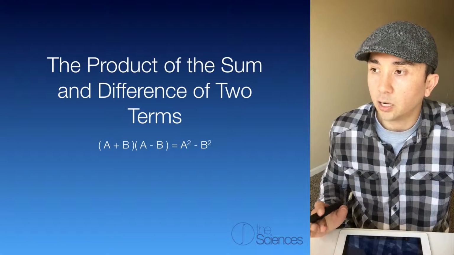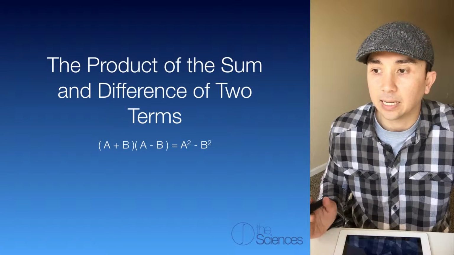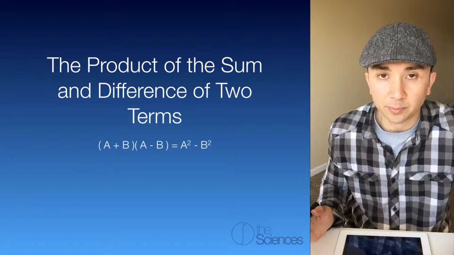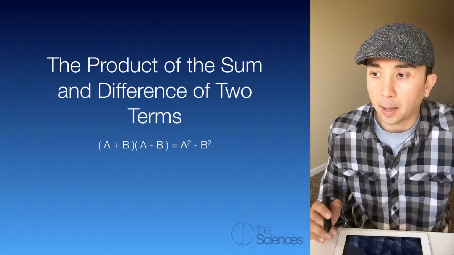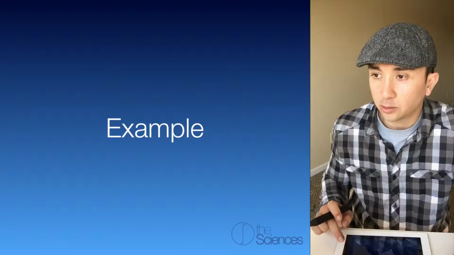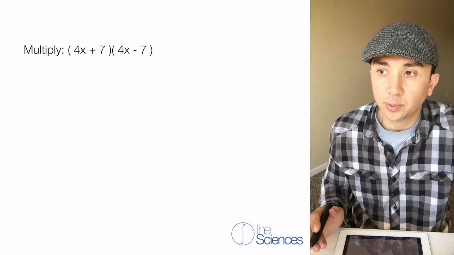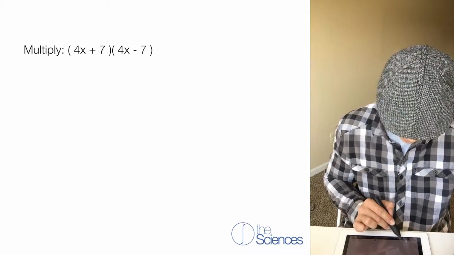Now the product of the sum and difference of two terms, a plus b times a minus b, is simplified as a squared minus b squared. So let's do an example. Let's multiply 4x plus 7 times 4x minus 7.